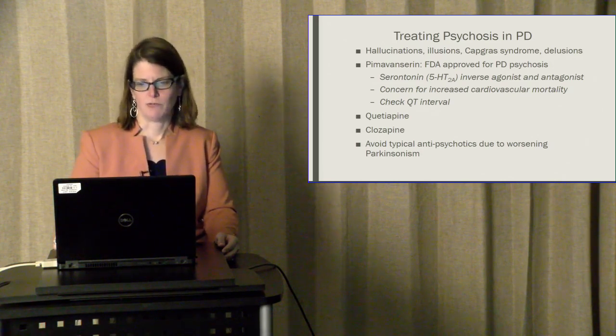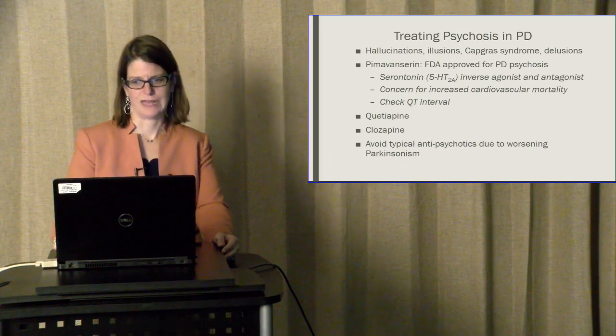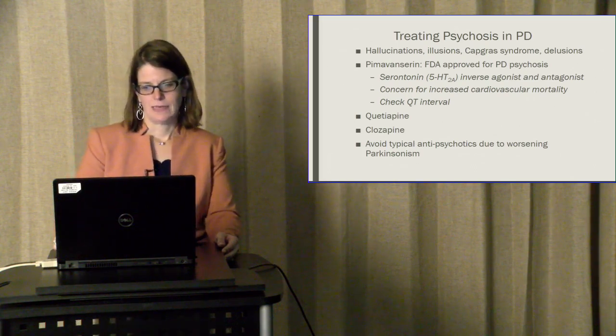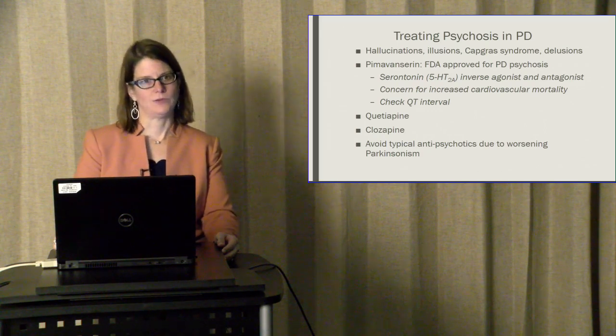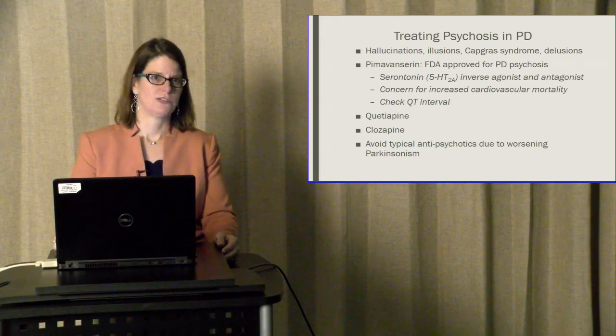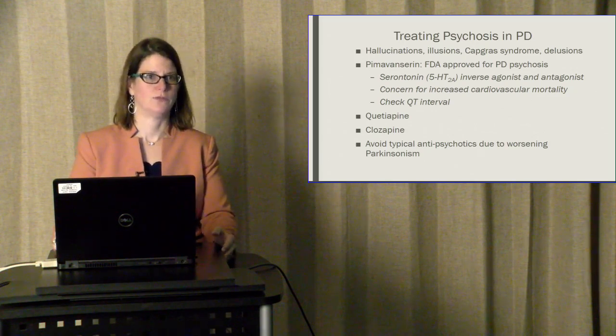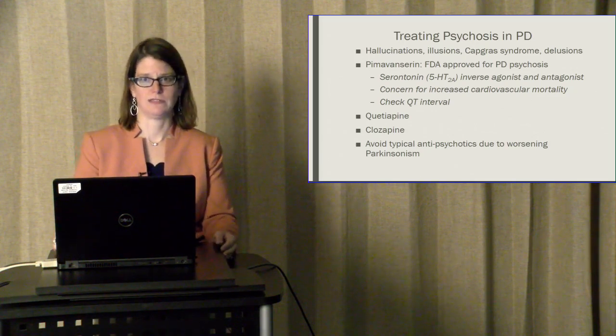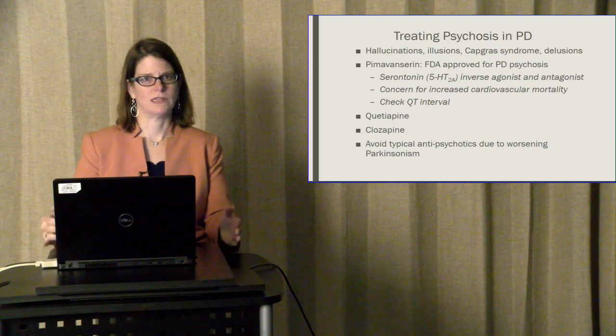And so that can be very disruptive to the patient and their family members. Pimavanserin is the only FDA-approved medicine for PD psychosis. It's a serotonin inverse agonist and antagonist. And it can, as with all antipsychotics, lead to problems with potential for increased cardiovascular mortality. So anytime we prescribe these, we always discuss with the patient that there are risks for increased mortality with these medicines, but you have to weigh the risk and the benefit.